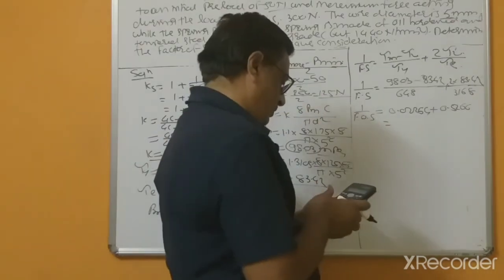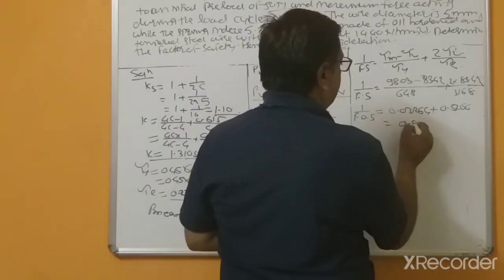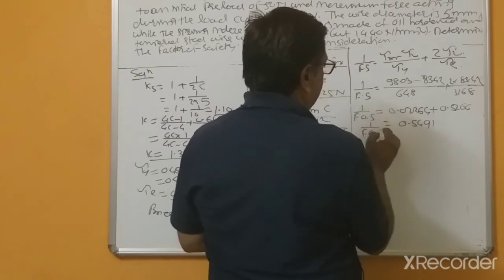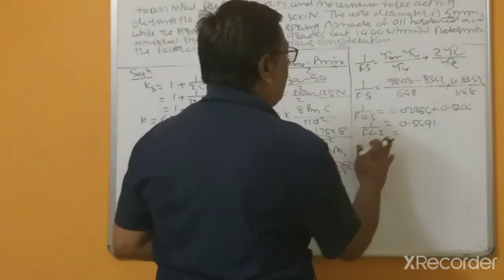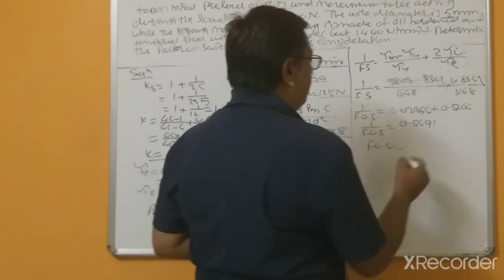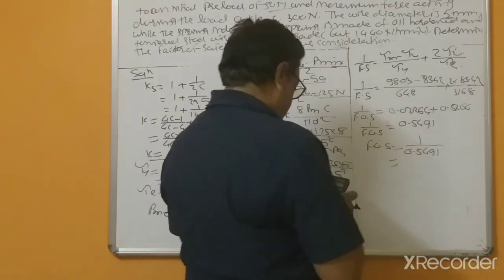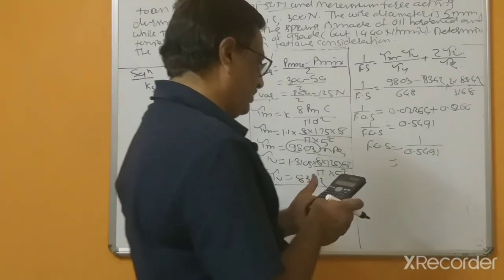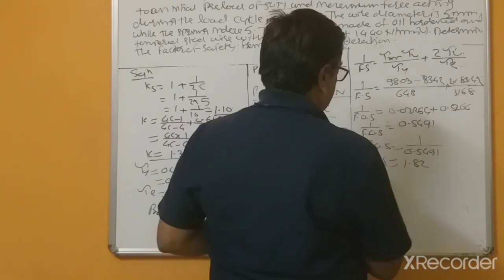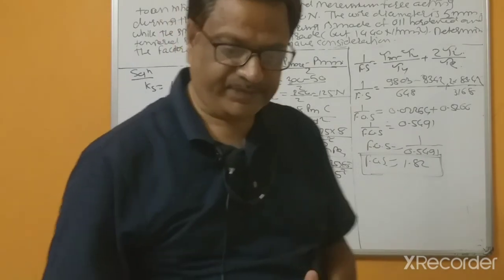Adding 0.5266 gives 0.5491. So 1 divided by factor of safety is 0.5491. By cross multiplication, factor of safety equals 1 divided by 0.5491, which is 1.82. So this is your required answer.